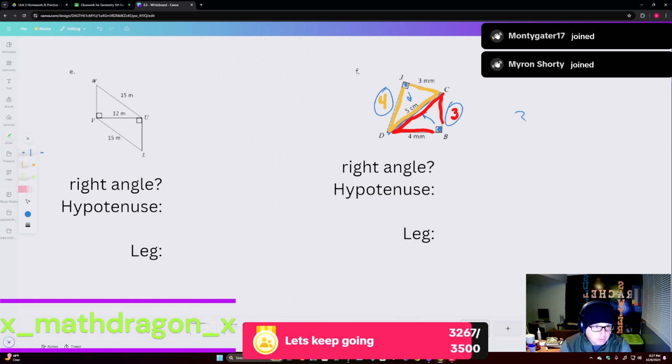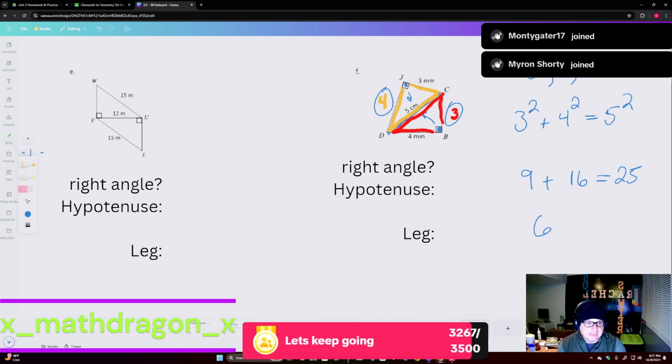Well, luckily enough, 3, 4, 5 is what we call a Pythagorean triple. Because square it, square it, square it, 9 plus 16 is 25. So 3, 4, 5 is a Pythagorean triple.